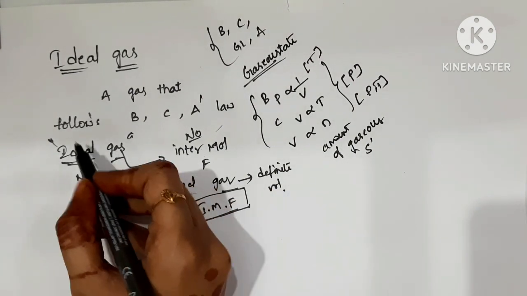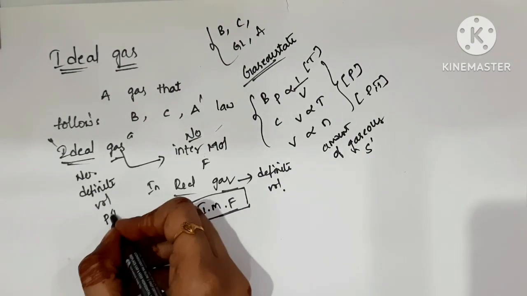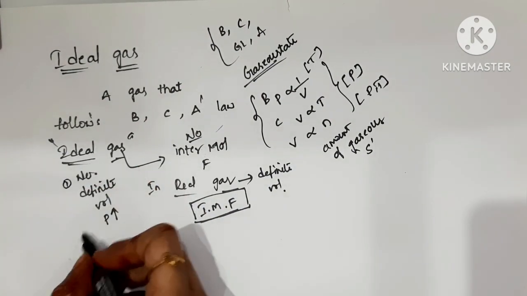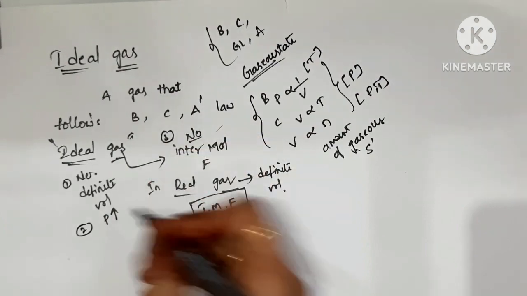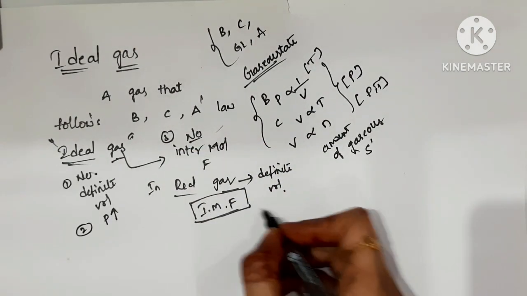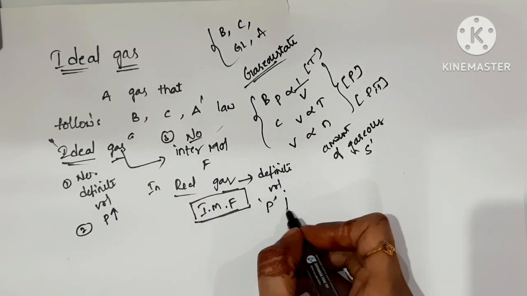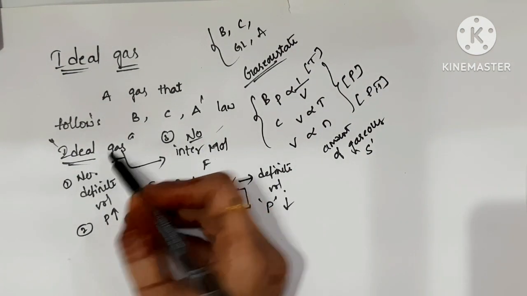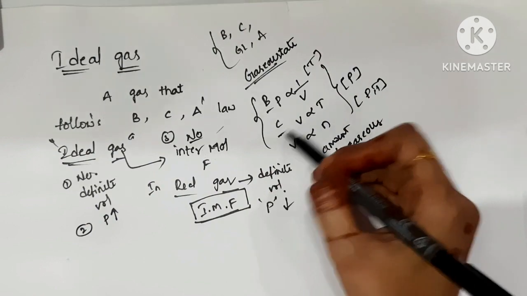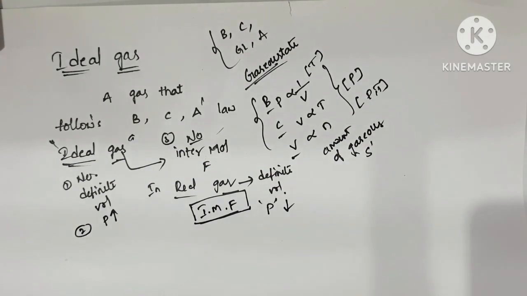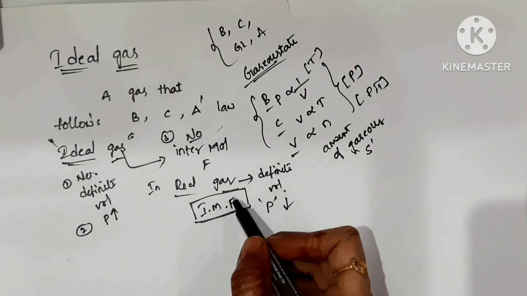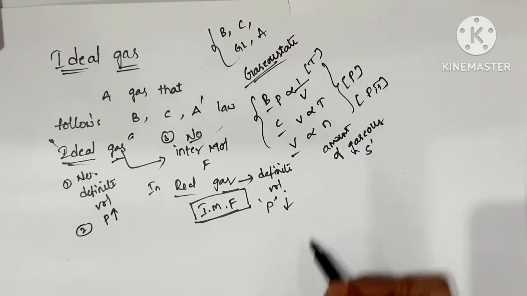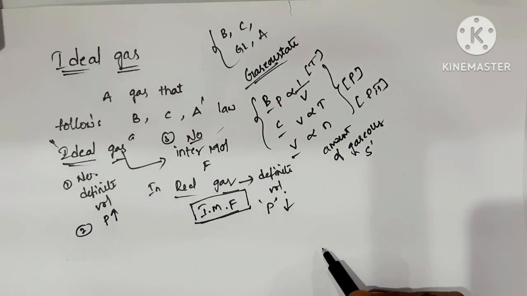And in ideal gases pressure is very high. In real gases pressure is less when compared to the ideal gas. An ideal gas obeys all three laws: Boyle's law, Charles' law and Avogadro's law, and real gases do not obey all these laws.